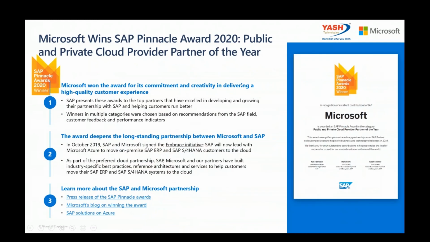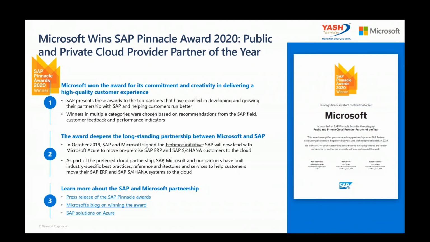So back in late last year, if I'm not wrong, we announced, as a result of the strong partnership that we have with SAP, the Embrace initiative. So what this really signifies is that SAP has selected Microsoft Azure as the preferred cloud vendor of choice.